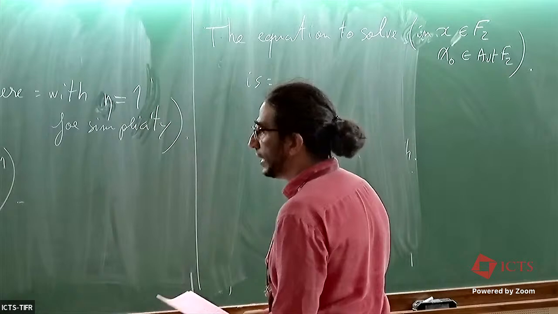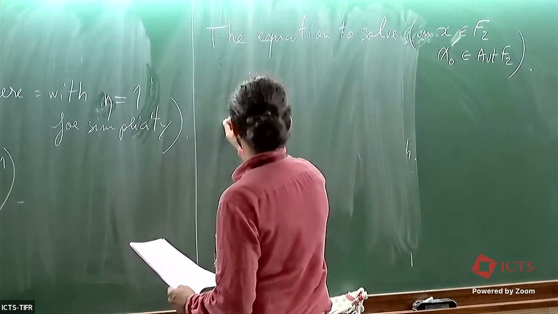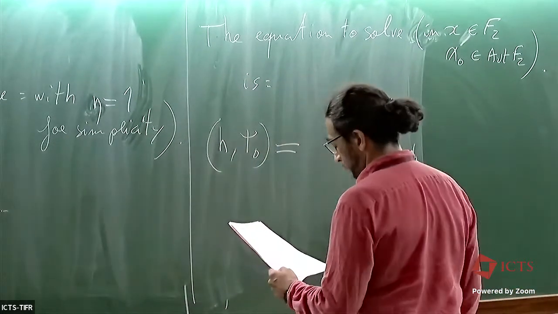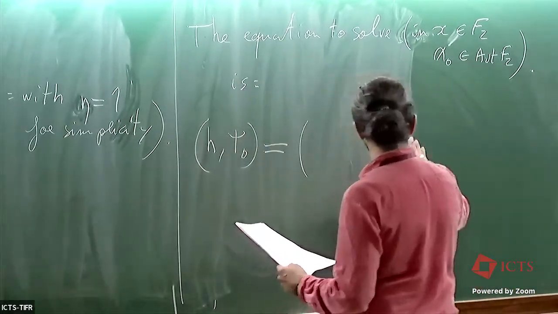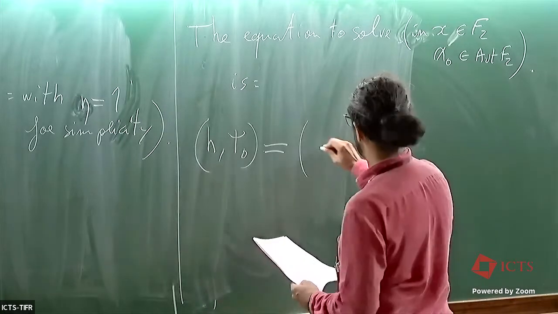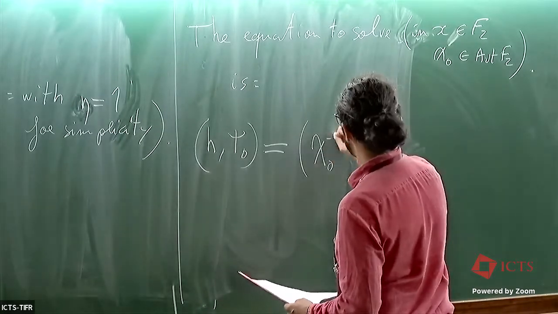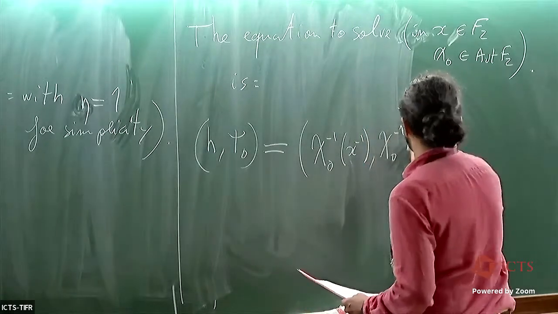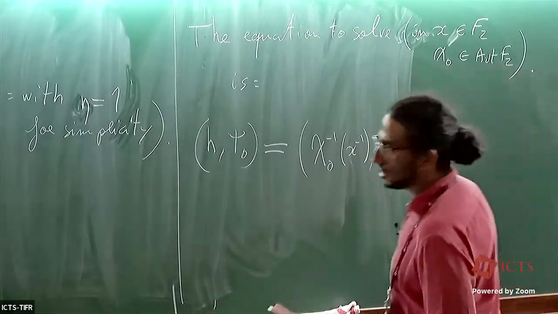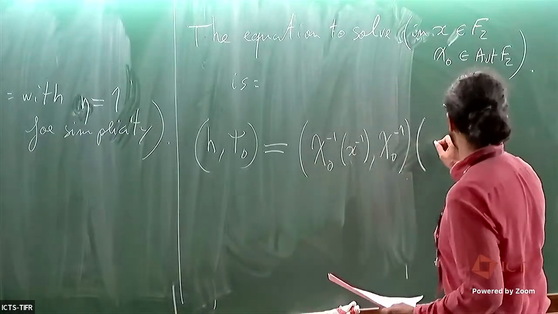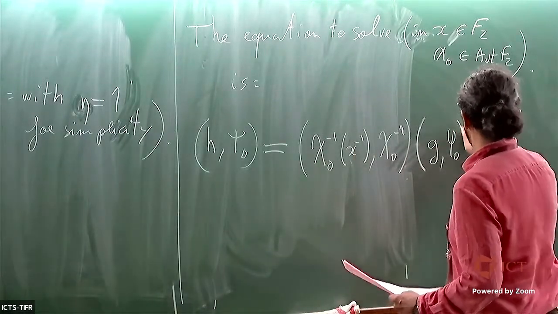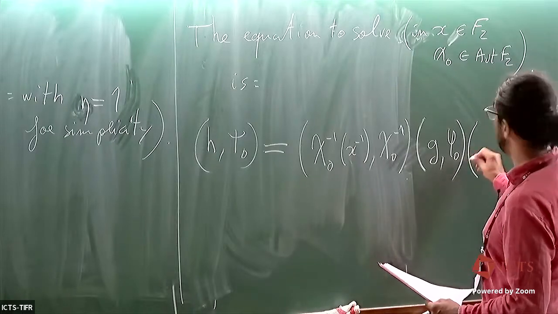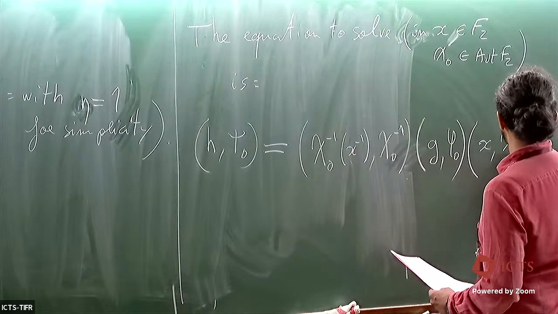So I'm given h psi 0, and it should be equal to k0 inverse, x inverse, k0 inverse, the other one is g phi 0, and on the right, I have x k0.